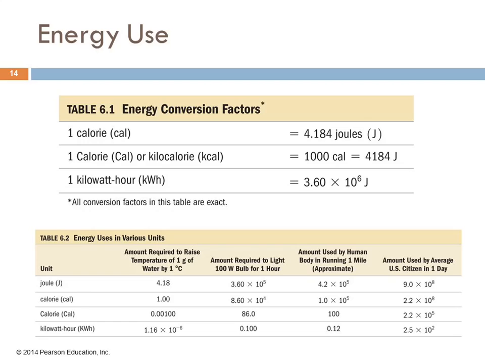Think about the amount of energy used by a human body running 1 mile. So that's 100 dietary calories, 0.12 kilowatt hours. So we see that joules and calories are much smaller. So that's just for general interest.